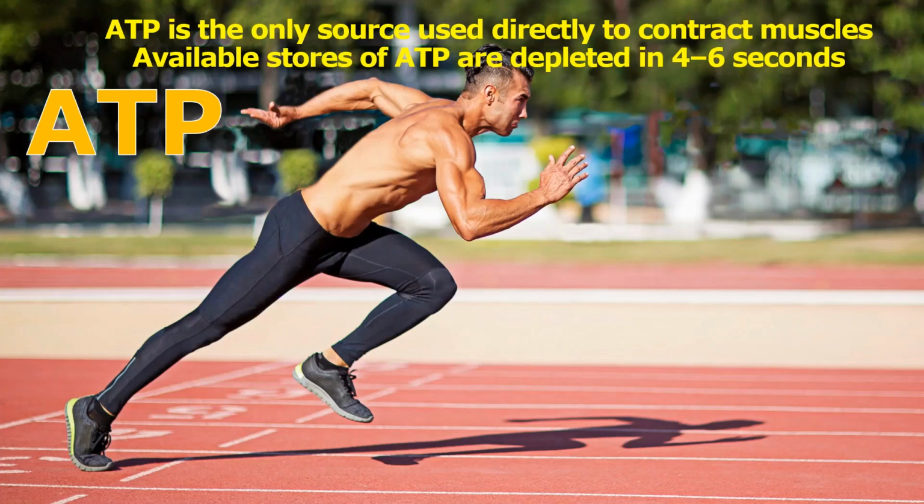And if you take off sprinting like this guy does, he is going to run out of ATP that's stored in your cells in about 5 seconds. That's all you've got. So if you want to continue sprinting beyond, say, 4 or 5 seconds, you need to regenerate this ATP very, very rapidly within your muscle cells. So there are 3 basic mechanisms, and I say basic, but each one you can go deeper and deeper into if you wish.